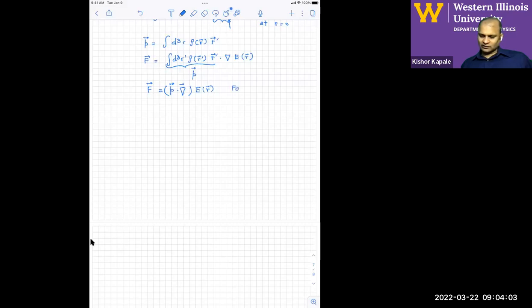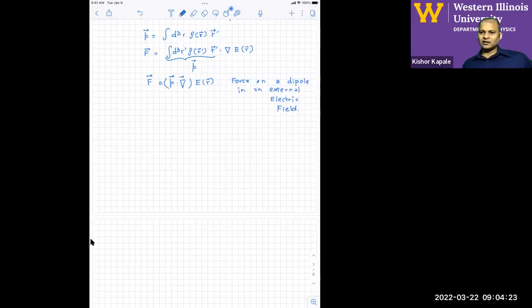Okay, so let's write down what this is: force on a dipole in an external electric field. Everybody with me so far?